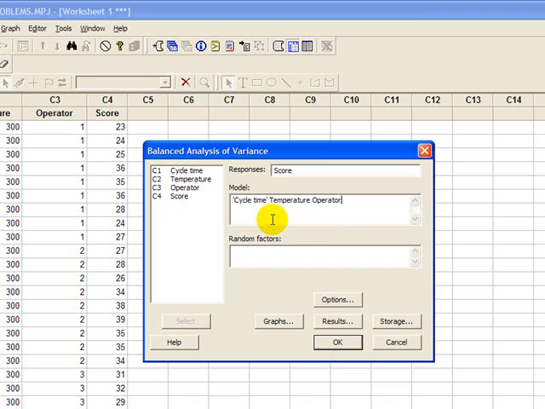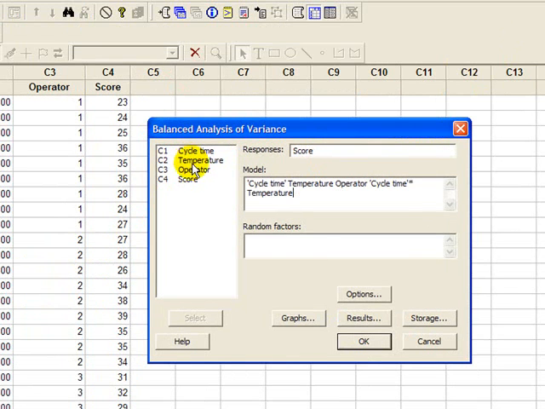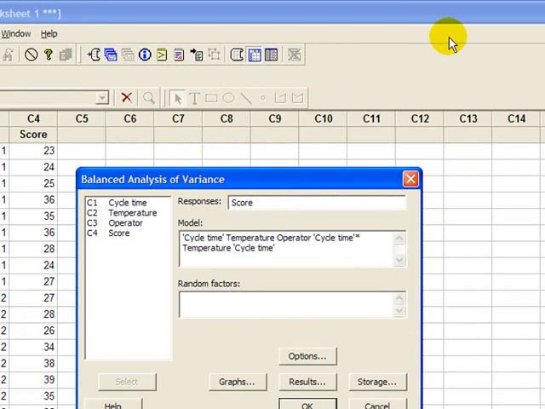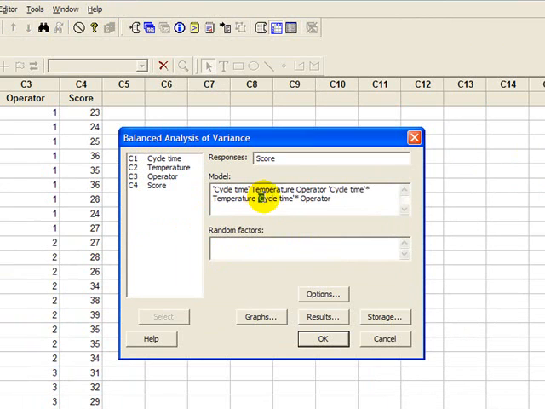Now I also want to look at the interaction between the factors. So the first interaction I'm interested in looking at is the interaction between cycle time and temperature. Similarly, the interaction between cycle time and operator. And you can see here how I am representing an interaction.